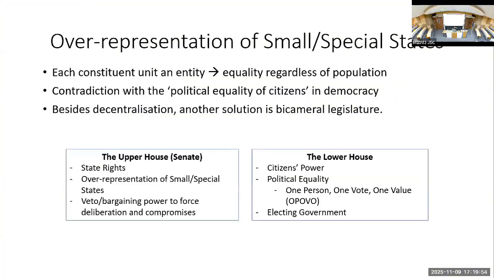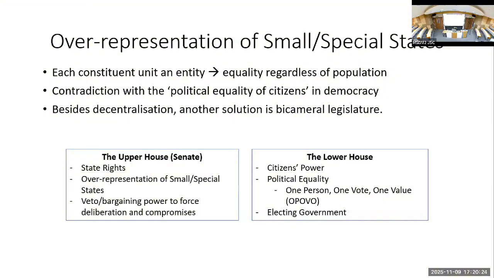The second thing I want you to remember is about overrepresentation of small and special states. Each constituent unit is considered an entity of its own. You cannot say, for example, Selangor has maybe 10 times the population of Perlis, therefore Perlis is only 1/10 of a state.